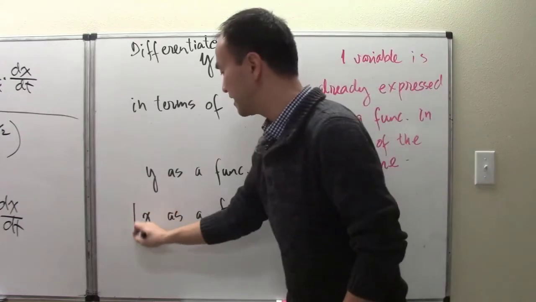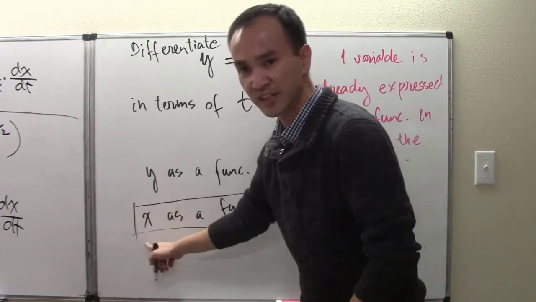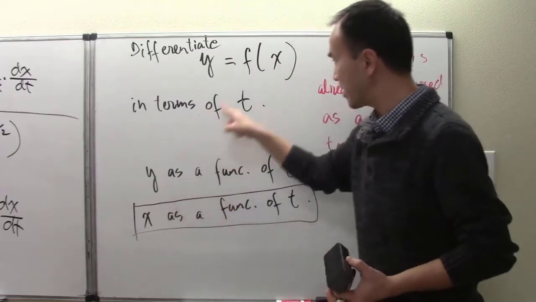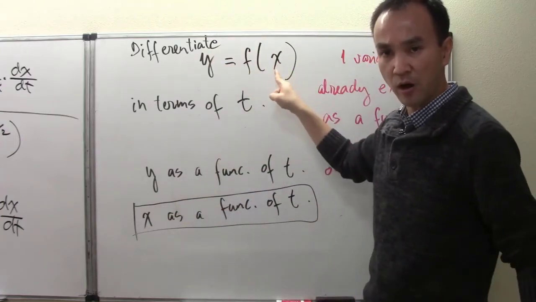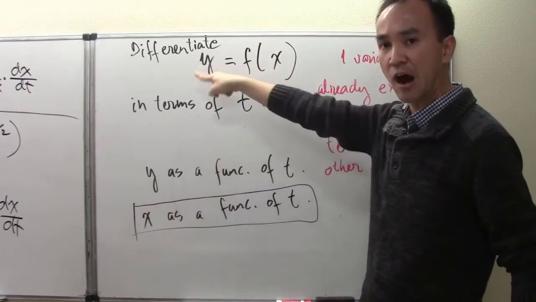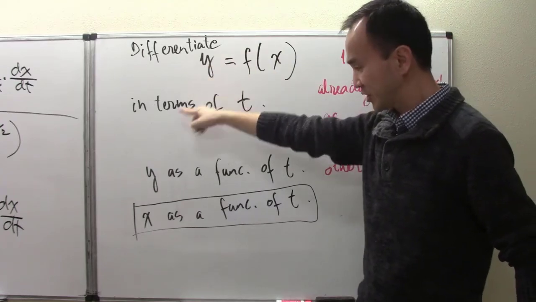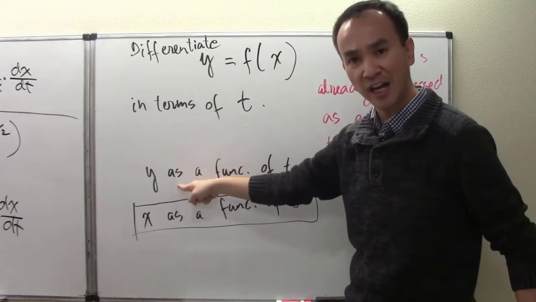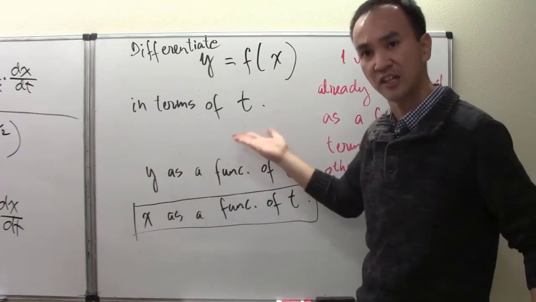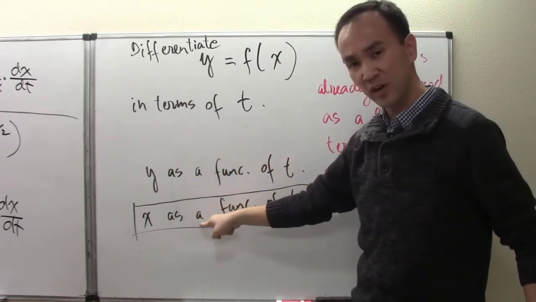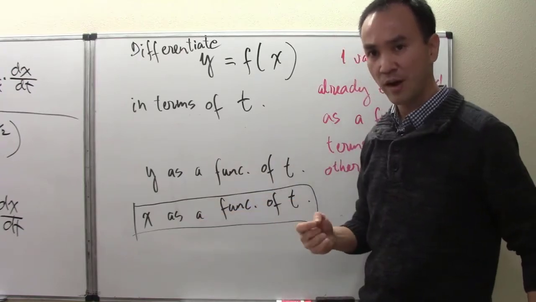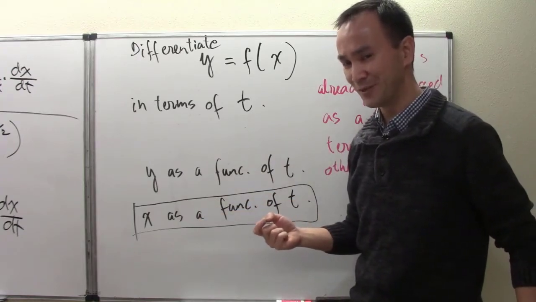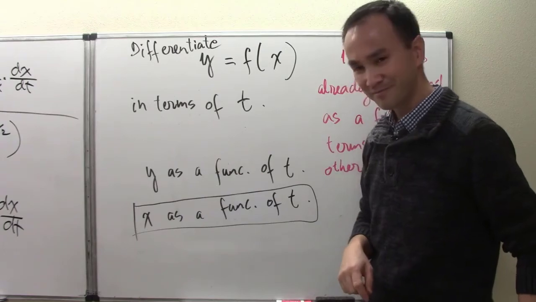But even more importantly, focus on that, because x is already the variable that drives the output of this function. And so once you can see x as a function of t, then needless to say y will also eventually be a function of t. But focus more on this. So we want x as a function of t.